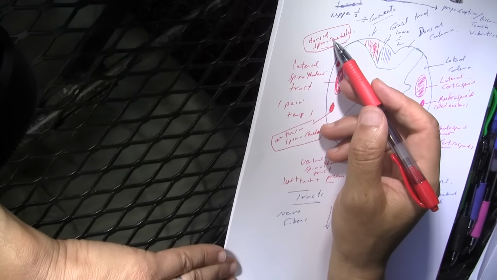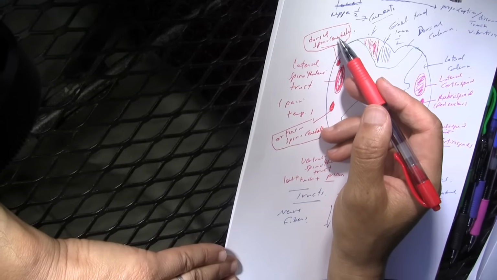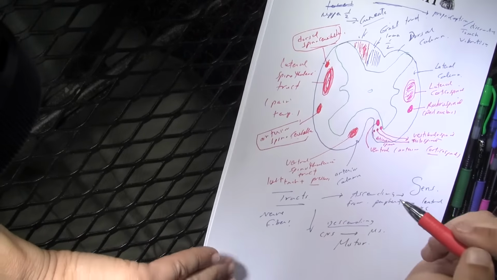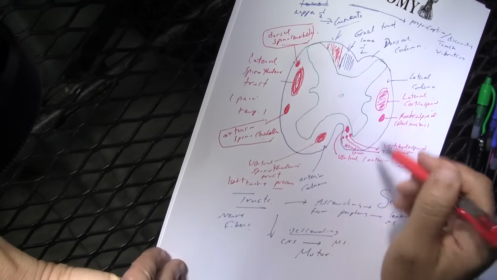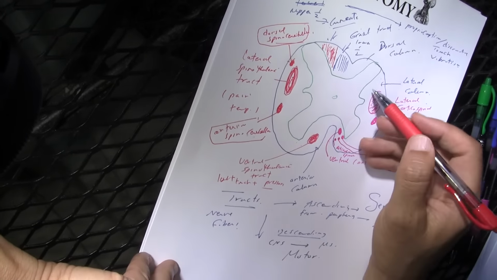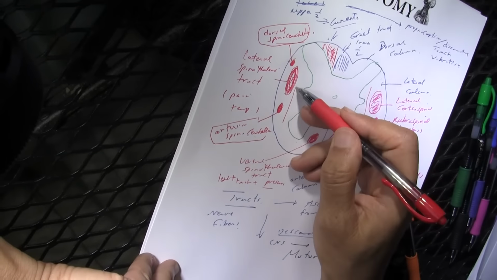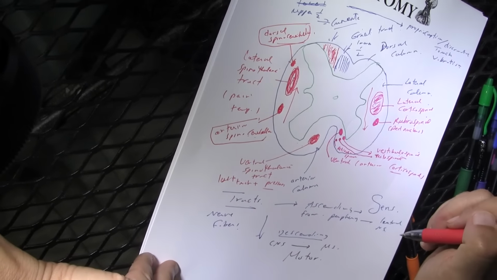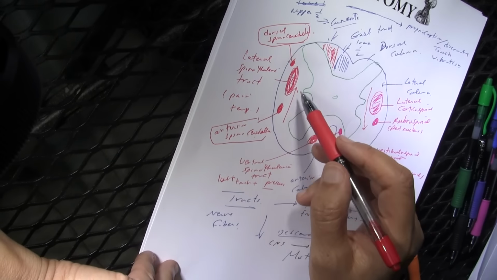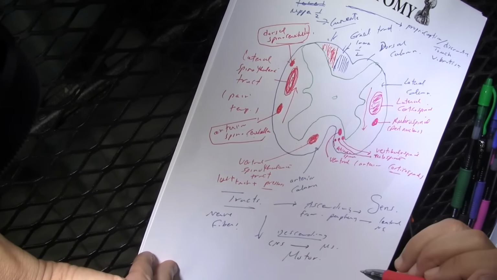That's why they go to cerebellum, not cerebrum. Okay, and we will talk about this in detail later on. This is just the general outline and the introduction to the tracts. So you have descending tracts here, you have ascending tracts here. Okay, so this is representative of descending, and this is representative of ascending tracts.